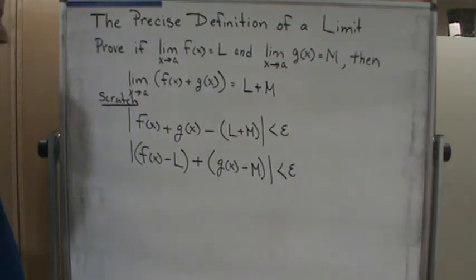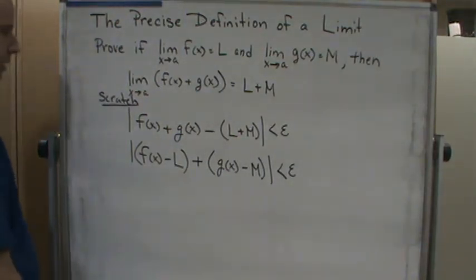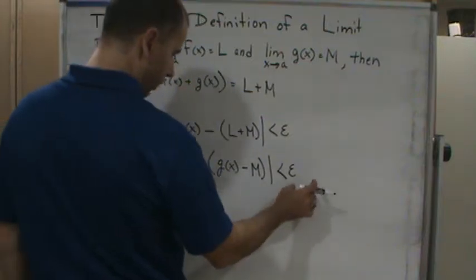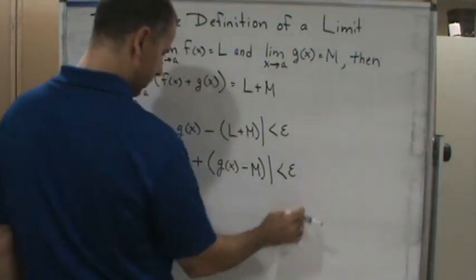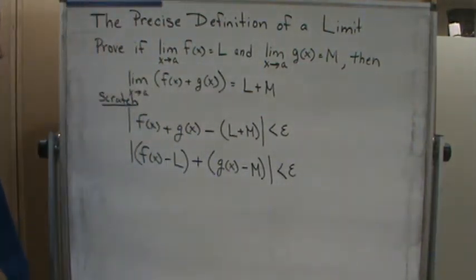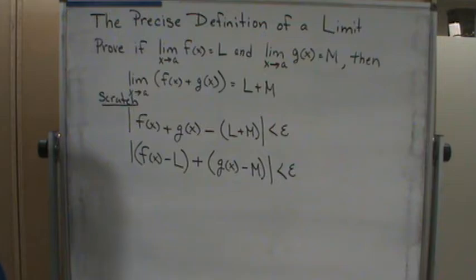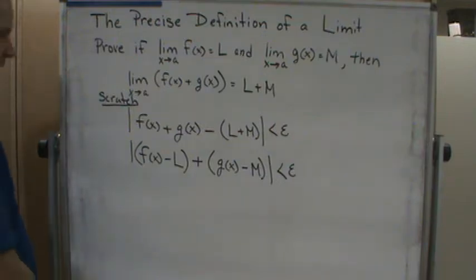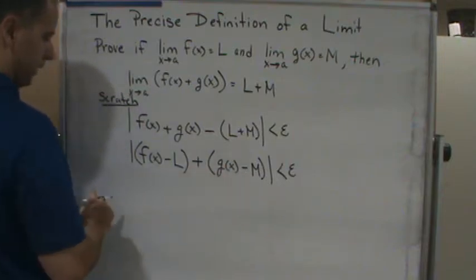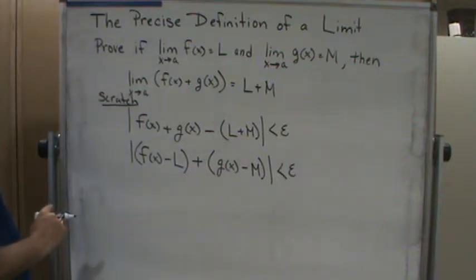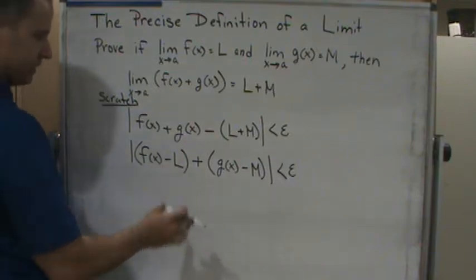Now, here's where we're going to use the triangle inequality, because this is a positive real number, okay? But also we're assuming epsilon is greater than 0, so obviously positive, which means that we have positive numbers in here, because these are distances, right?